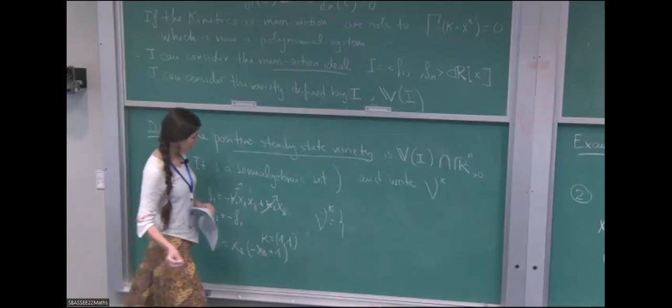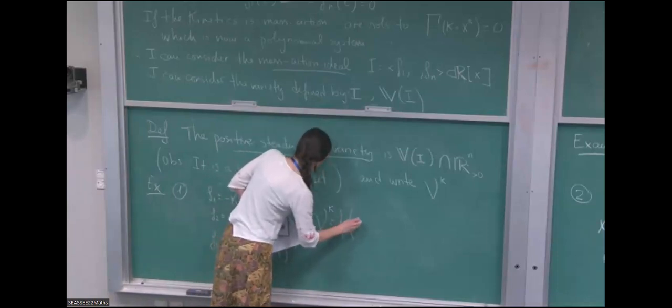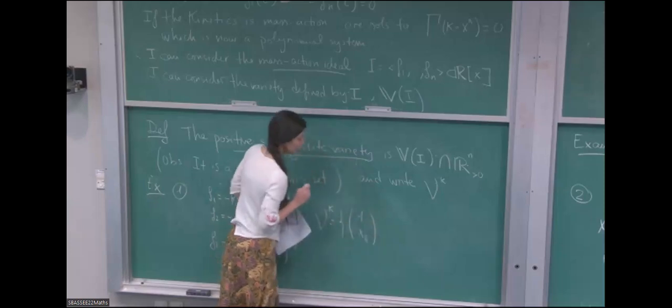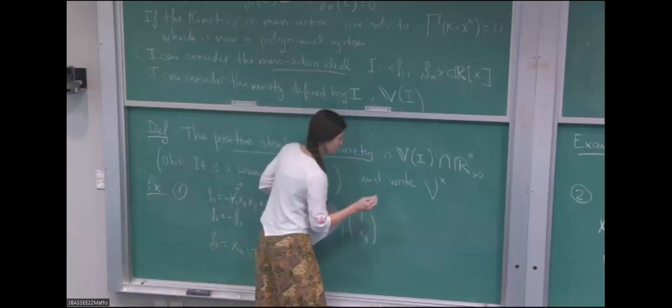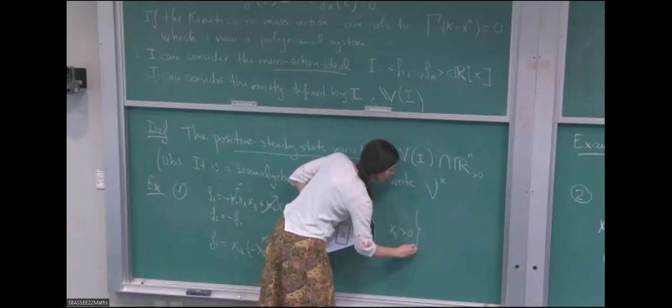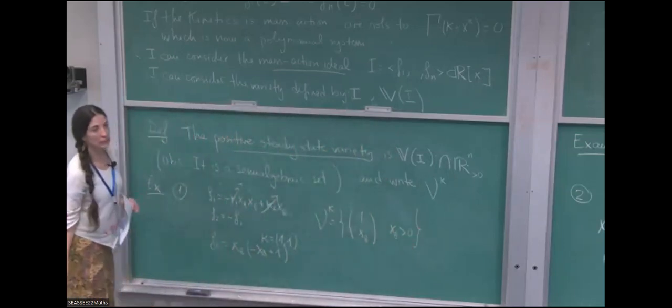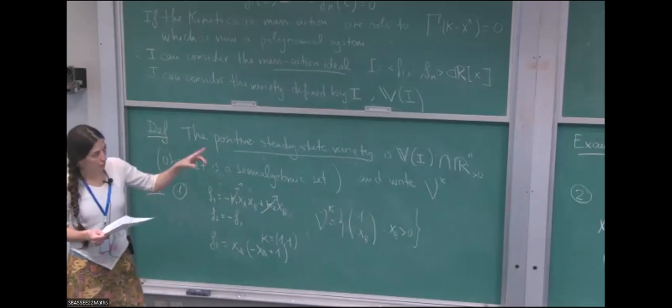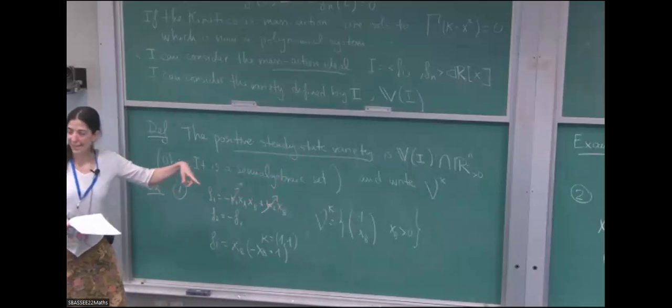So these are all the pairs xa, xb, where xb is constant. This will be my steady state variety. So you can do the computations for the other examples in the test.